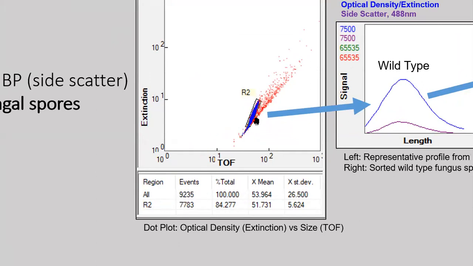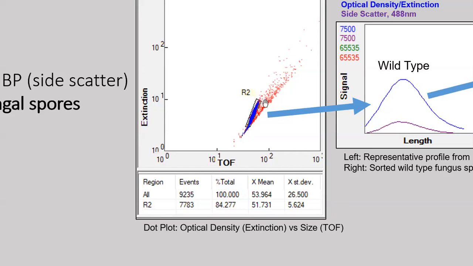Many of them have multiple copies with the exact same values of time of flight and extinction, which is not a surprise, right? The spores are all about the same size. So a whole bunch of them are now getting the exact same measurements and are landing on top of each other. So we know that this is the predominant, most common time of flight and extinction size.